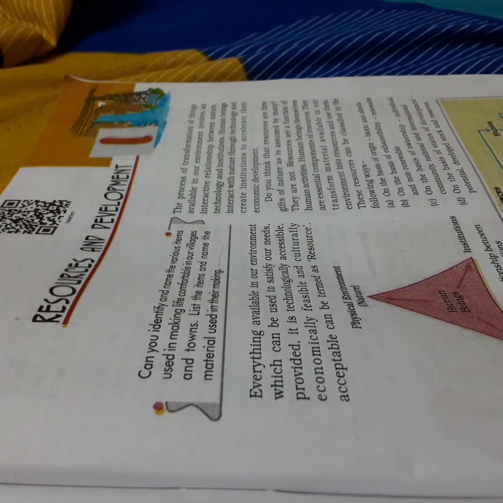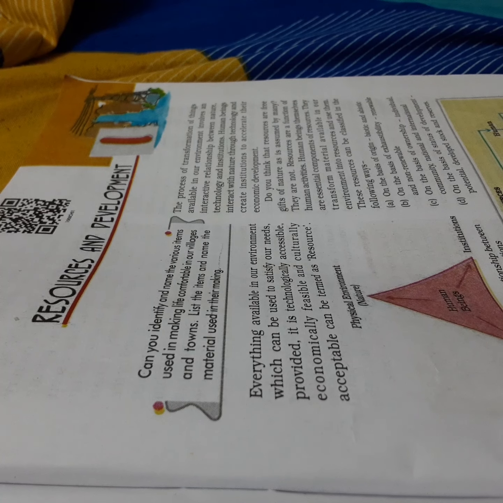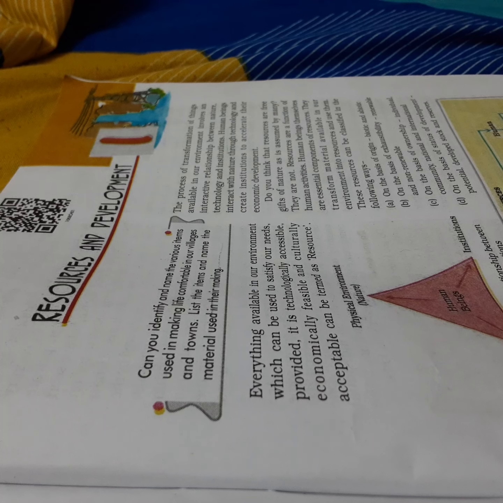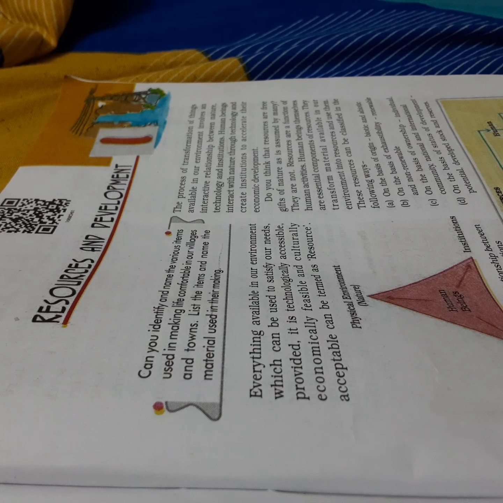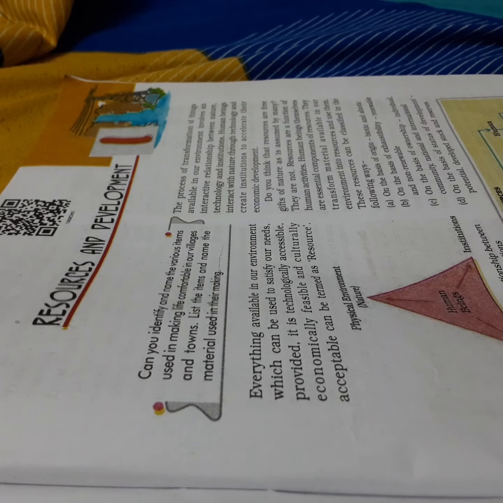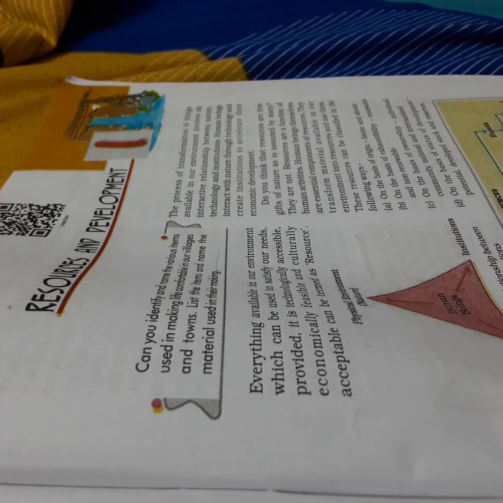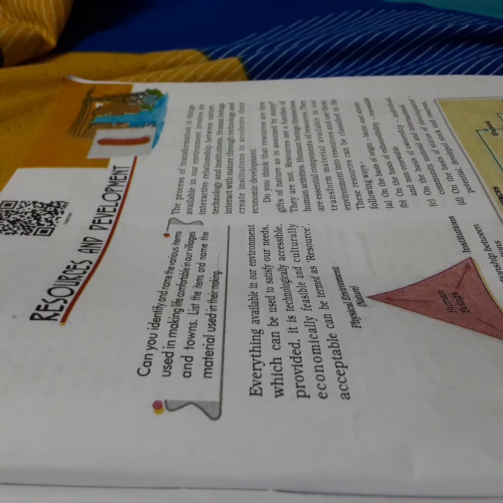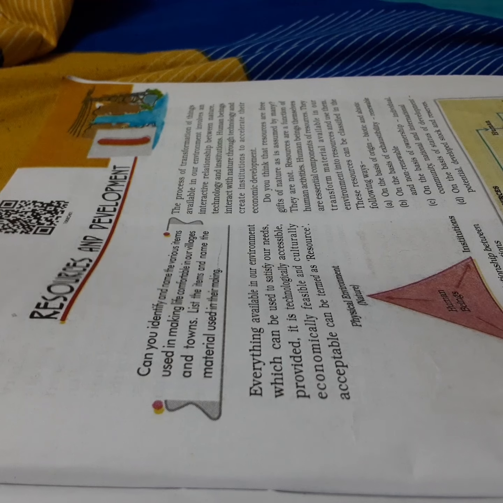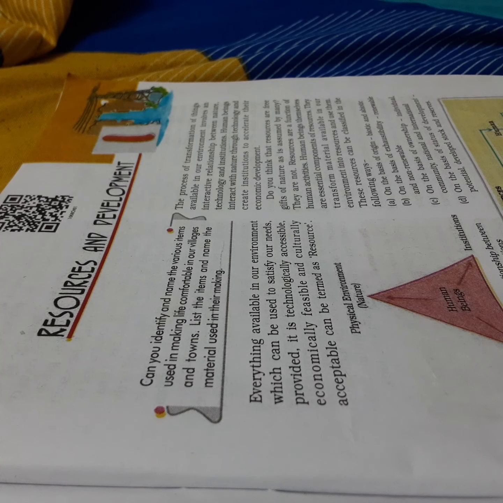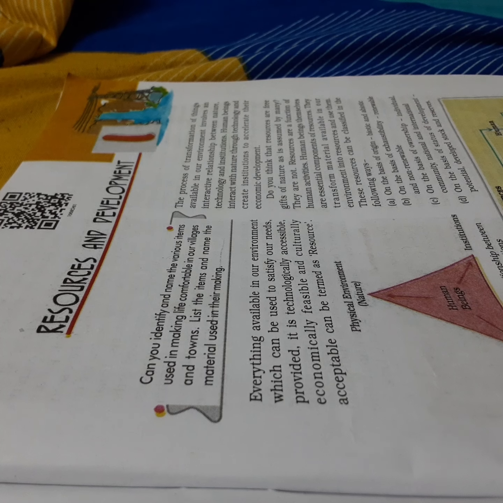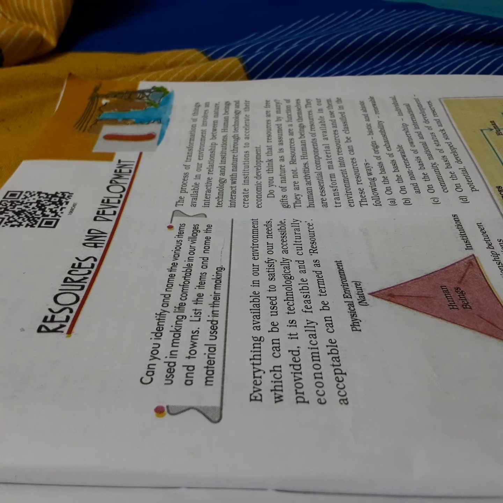Technologically accessible means the resources which can be taken from the environment using technology. Economically feasible means which can be available to each and every person in our society, and culturally acceptable means that in our Indian culture the thing should be acceptable.